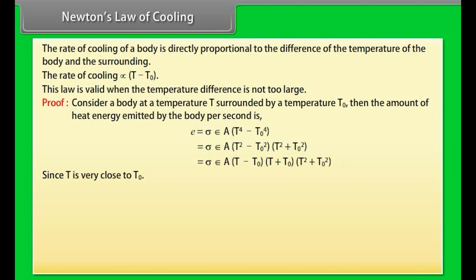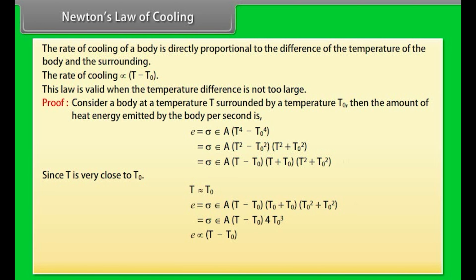Since T is very close to T0, E is directly proportional to T - T0. Rate of cooling is directly proportional to T - T0. It proves Newton's law of cooling.